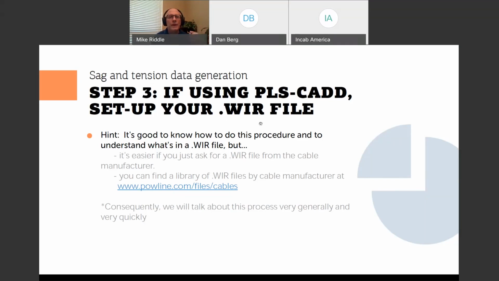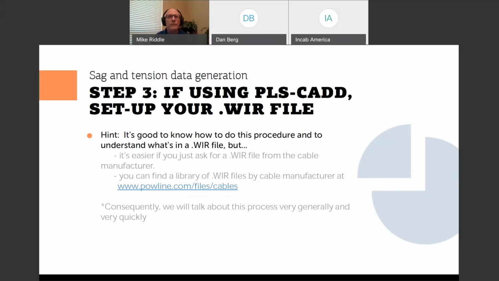and I'm not going to dwell on it because quite frankly, you should just get one from the cable manufacturer. Any cable manufacturer should be able to send you a wire file for their cable that you're designing with. In addition, on the Powerline Systems website, they actually have a library of cables with wire files for them.